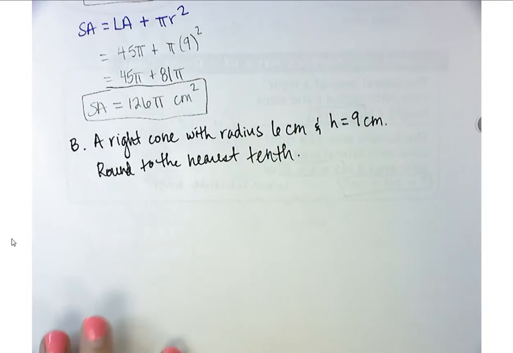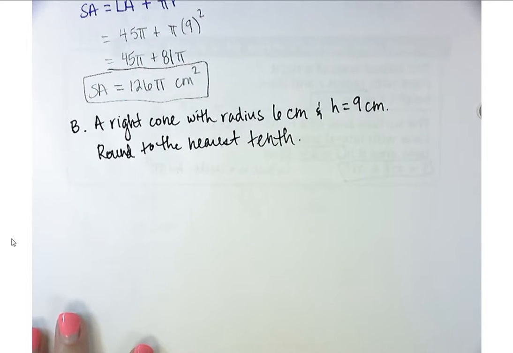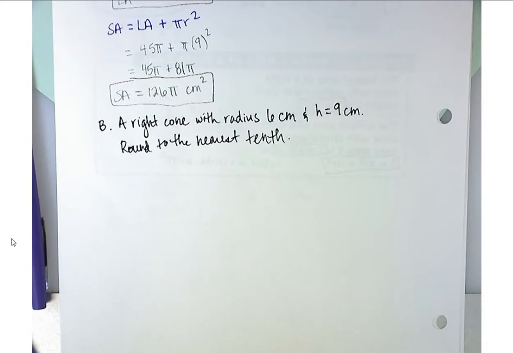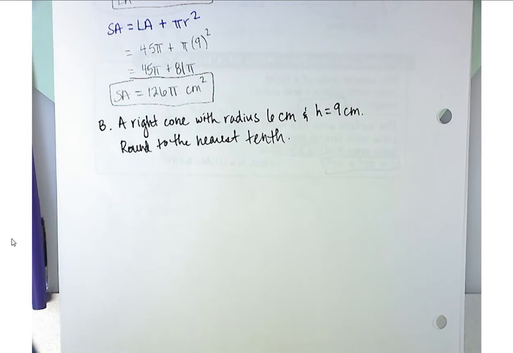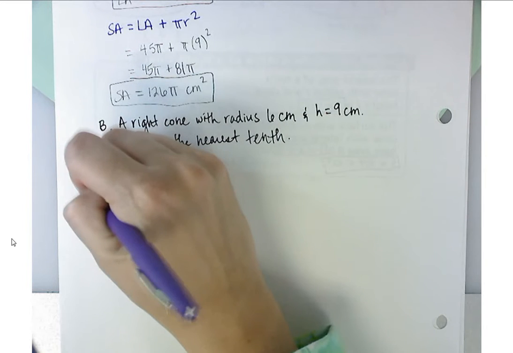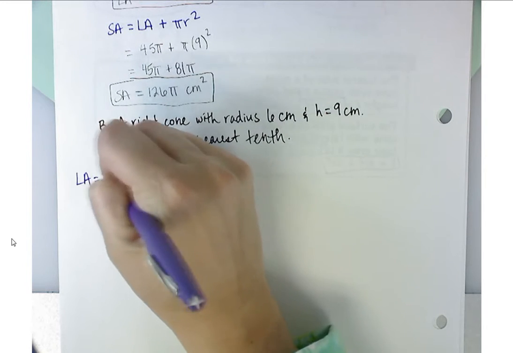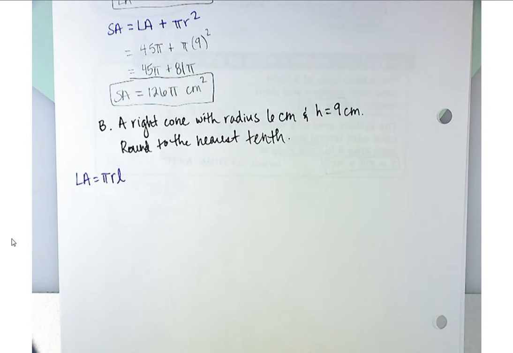And then we're going to round our answer to the nearest 10. Okay, now for our equation, we have the lateral area equal to pi times the radius times the slant height.